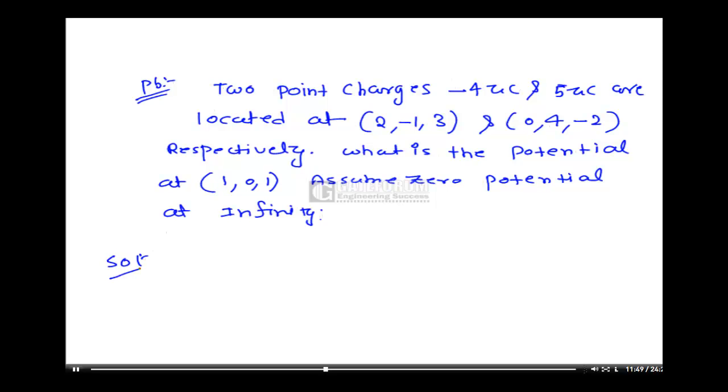The solution to this problem is very simple. Two point charges, Q1 equal to -4 microcoulomb and Q2 equal to 5 microcoulomb, are located at (2, -1, 3) and (0, 4, -2).